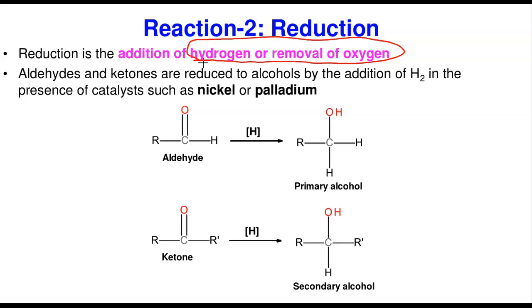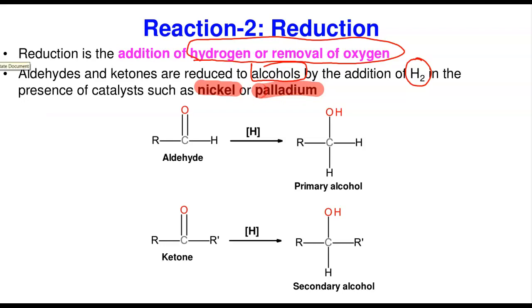But here now, both aldehydes and ketones undergo reduction to be converted to alcohols. And remember again, it is just the addition of hydrogen that is taking place here, in the presence of metal catalysts. The two common metal catalysts used are nickel and palladium.